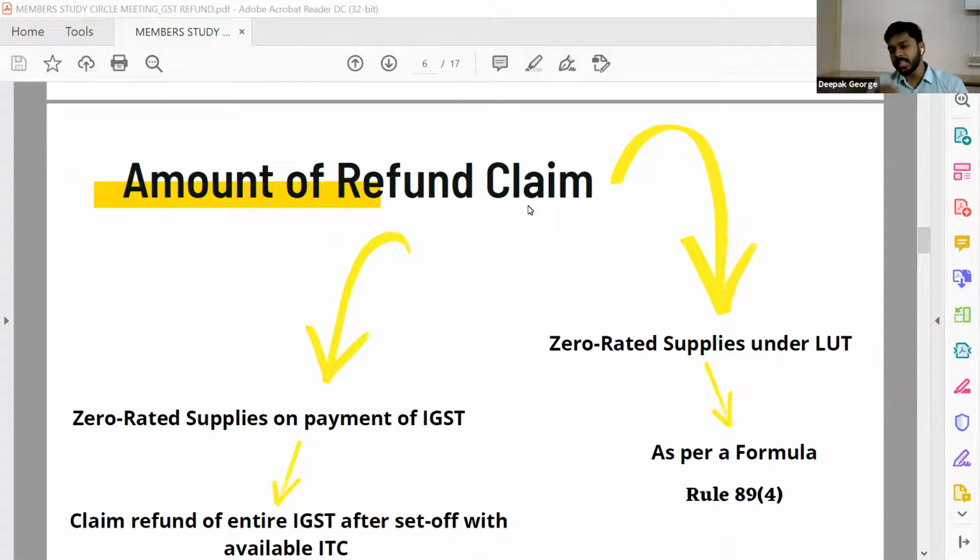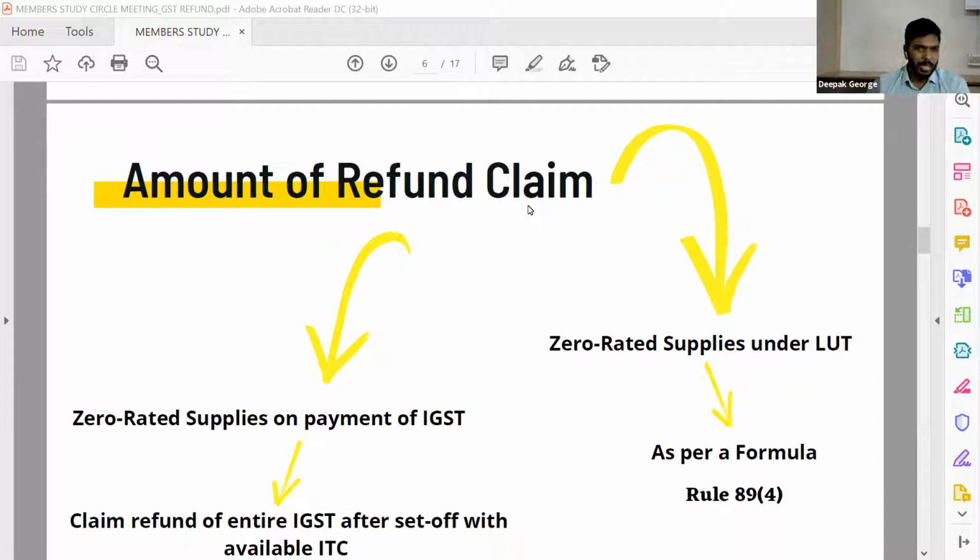Now, one question that can arise here is the fact that you definitely will have some input tax credit at the time when you export, and then you're deciding to pay IGST on export. You can very well set off whatever is the input tax credit lying in your electronic credit ledger, right? Suppose 5 lakhs is the IGST that you should pay on exports, and 1 lakh is the ITC that you have in your ledger. You can set it off, and 4 lakhs is what you pay to the government as IGST.